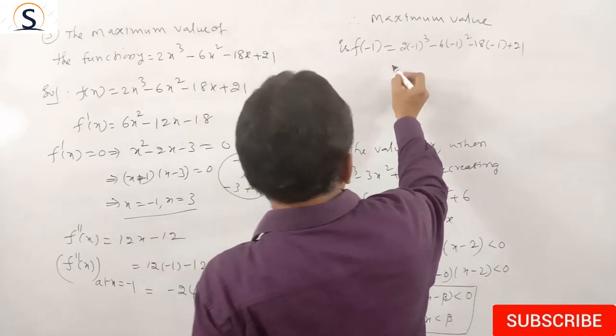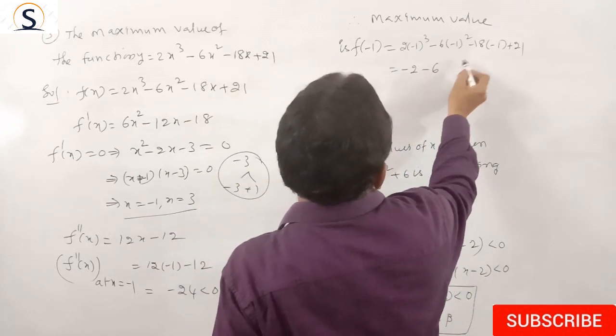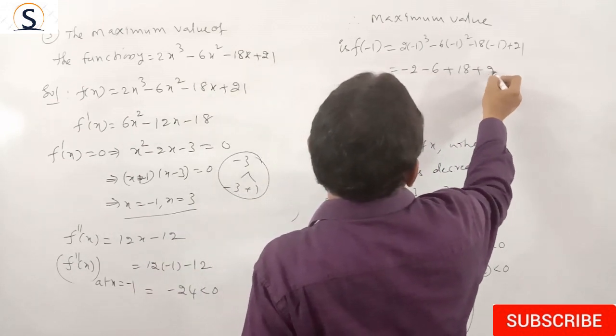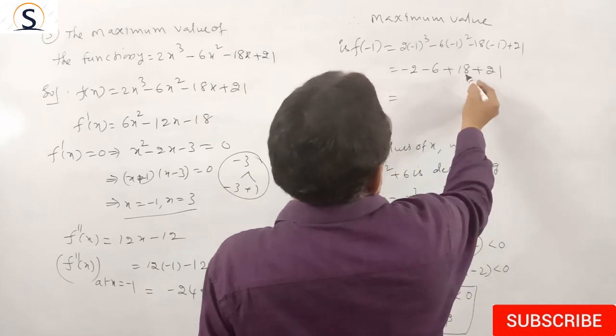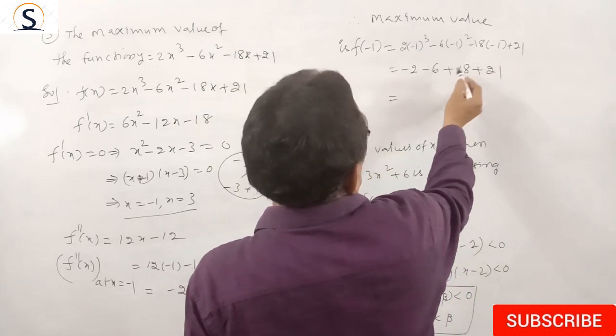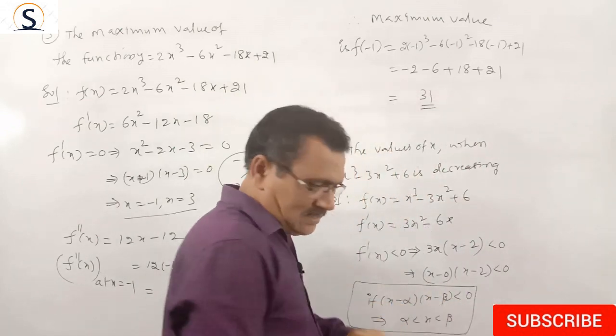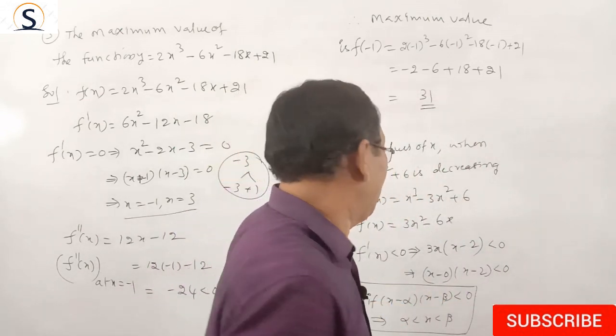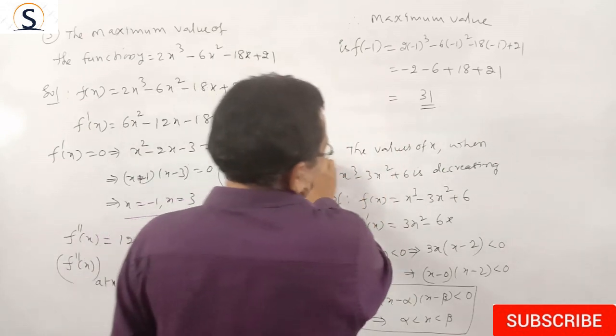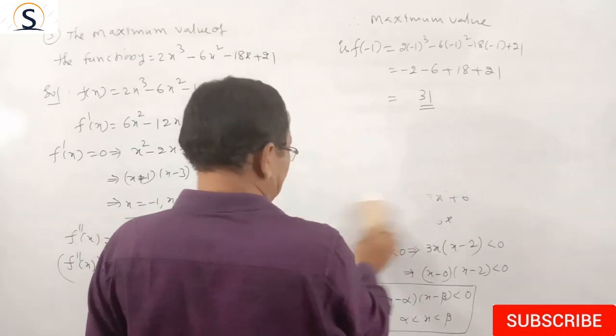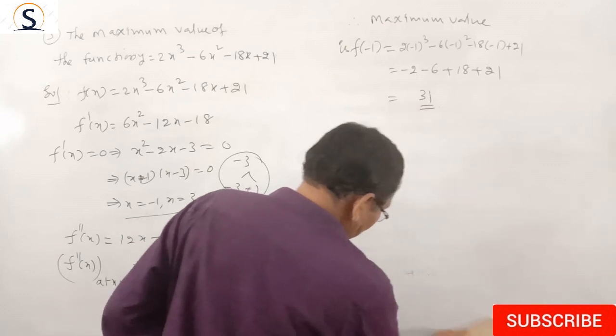Now this is minus 2 minus 6 plus 18 plus 21. Anyway, 18 minus 8 is 10. 10 plus 21 is 31. This is your maximum value of the function f of x. Okay. So that was maximum value, increasing, decreasing, maximum.